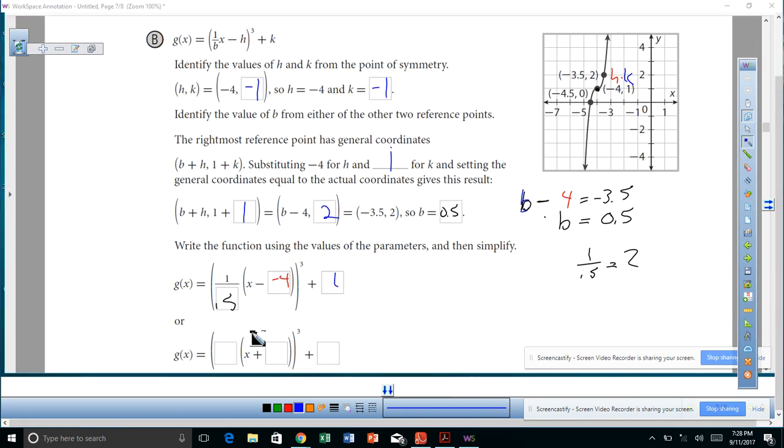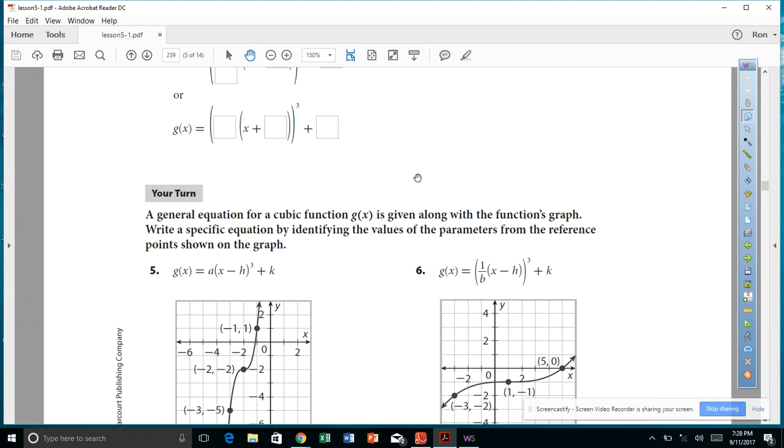Okay, so g of x equals, well, 1 divided by 0.5 is 2, and then that's x plus 4 cubed plus 1. And there you go. You've done it. It's not hard. Your turn.